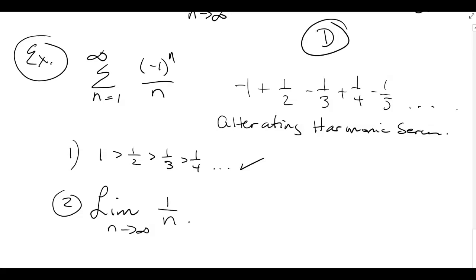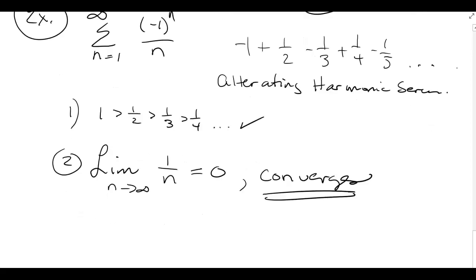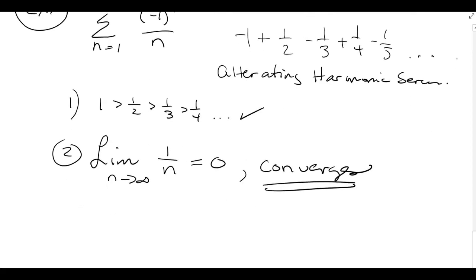But remember, because we're dealing with an alternating series, not just a regular series, when it equals 0, and this is where it gets tricky because this is very different than your basic divergence test, because it equals 0, we do say it converges. But here's the trick.